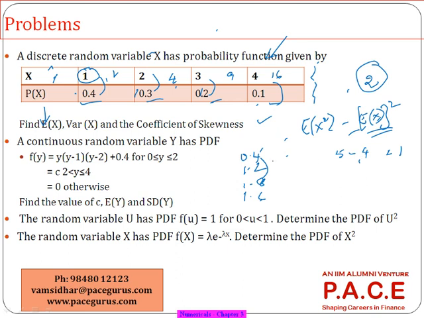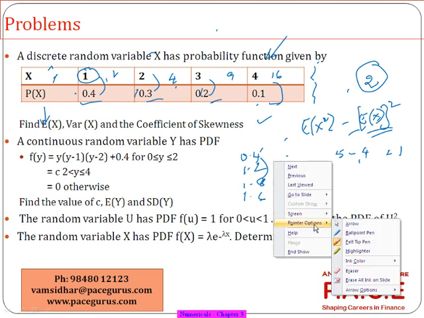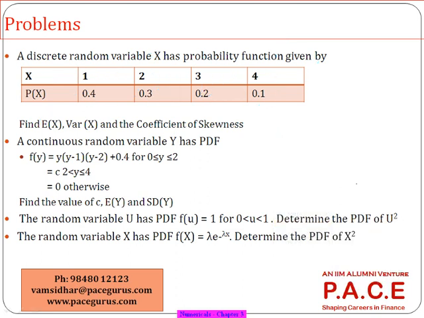Now the same way you can look at the skewness, because the skewness for us is nothing but expectation of x minus mu whole cube.